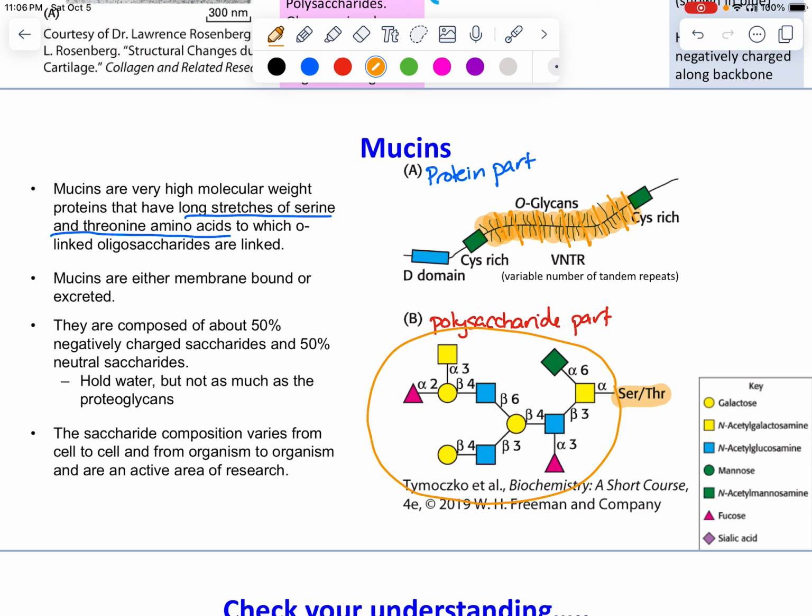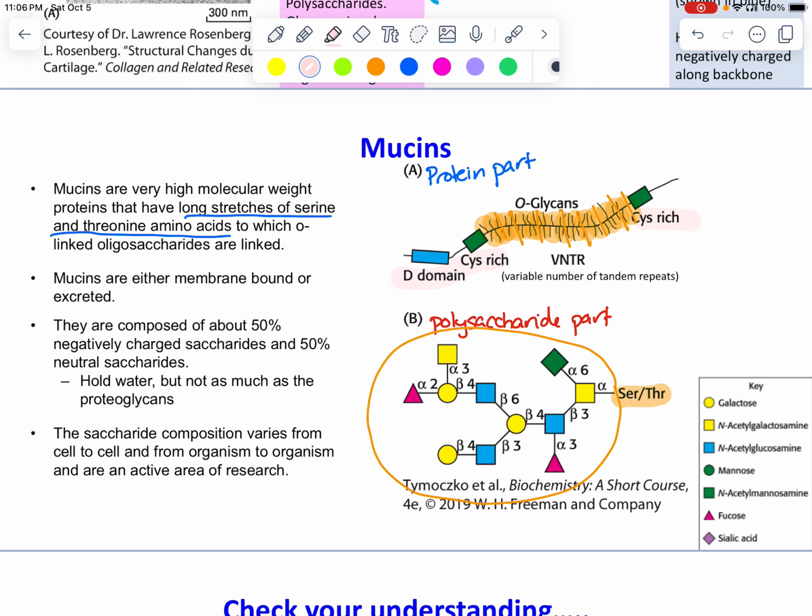Oh, these kind of end areas, the D domain and cysteine-rich areas, are areas that help these proteins polymerize, so they kind of clump together and make the mucus more viscous. So mucins are synthesized in specialized cells, for example, in the gastrointestinal tract, to help protect the lining.